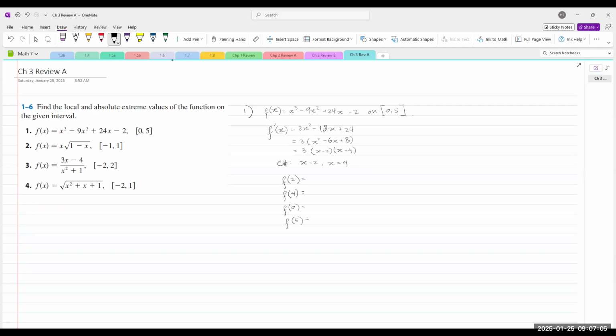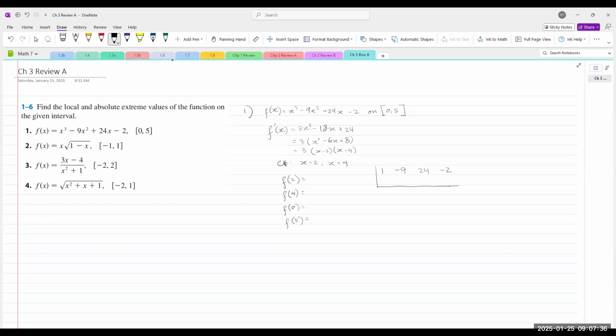Okay. Since this is a polynomial, let me remind you that we can compute or evaluate the value of a polynomial function at a given x using synthetic division.